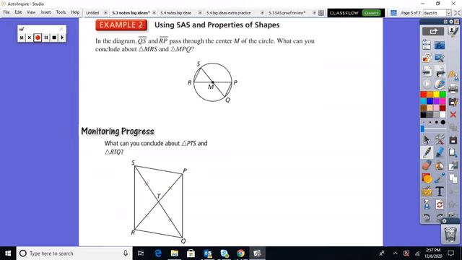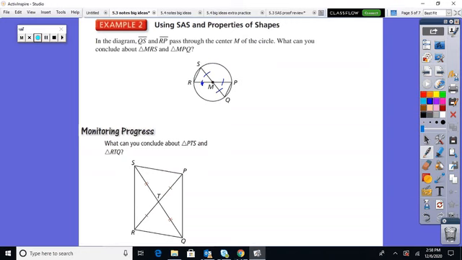Alright, moving along. Using SAS properties. So different shapes are going to contain SAS inside of them, in various situations. Example 2 is an illustration of that. In the diagram, we've got QS and RP passing through the center of the circle, so they are diameters. What can you conclude about these two triangles? Well, we know that radii are all congruent, so that's just lovely.